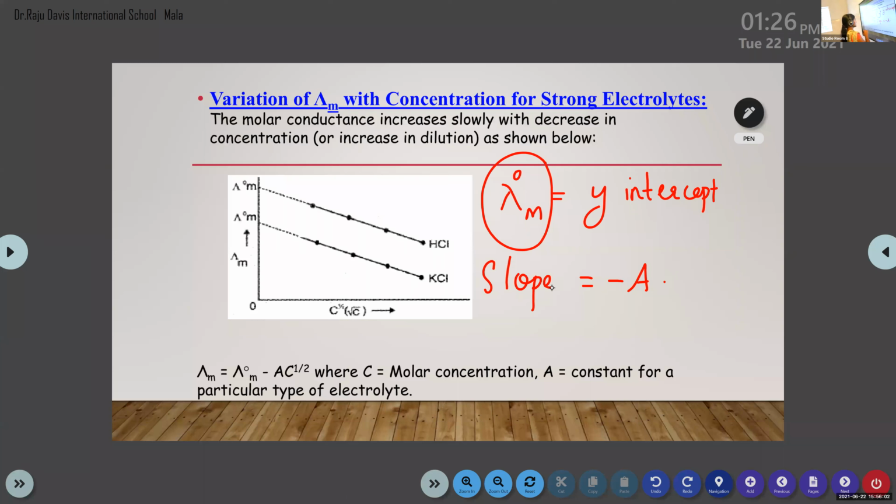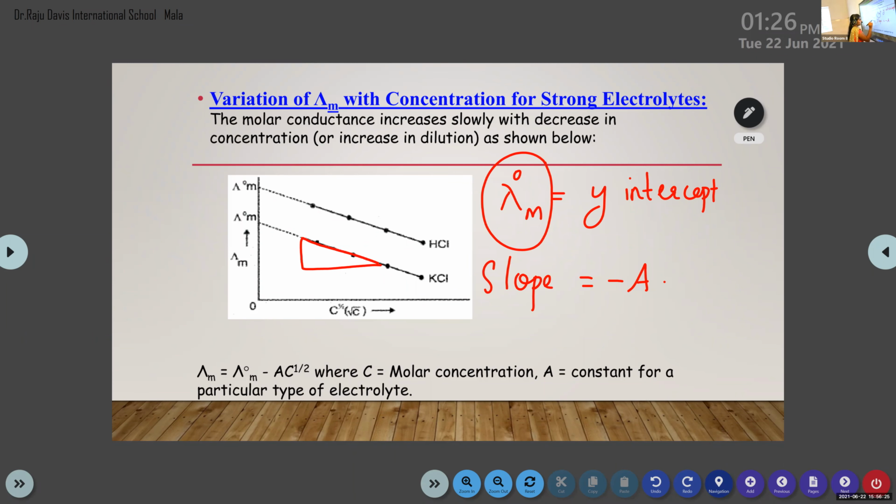Okay, its slope. You can learn it like this, right? The slope is calculated as minus a, and it's a constant value. It will be the same for a particular type of electrolyte. So from this graph we can draw a slope.